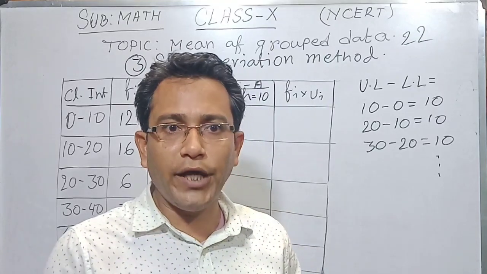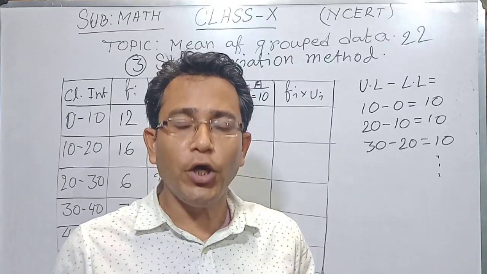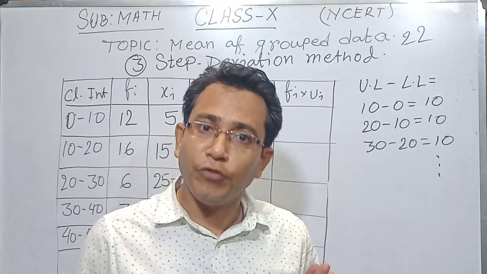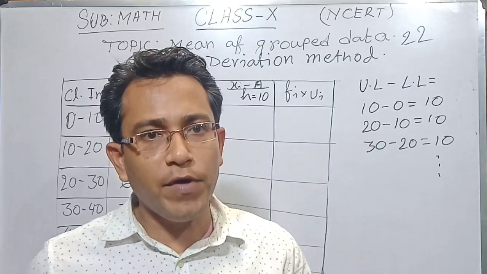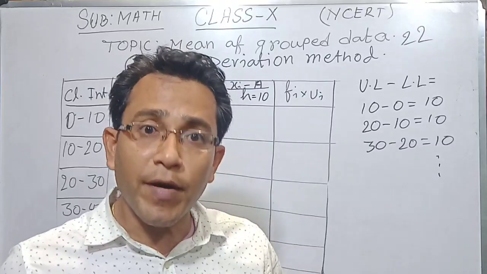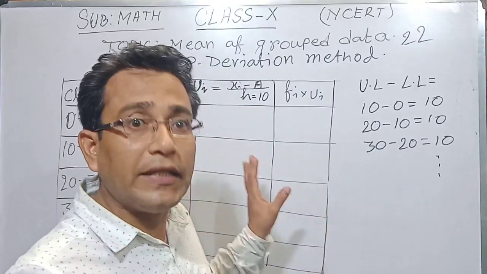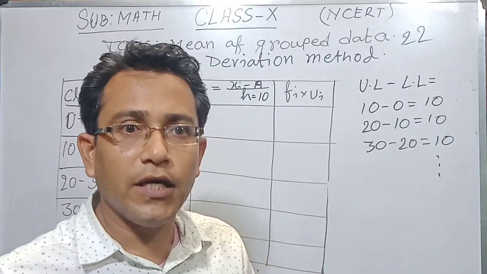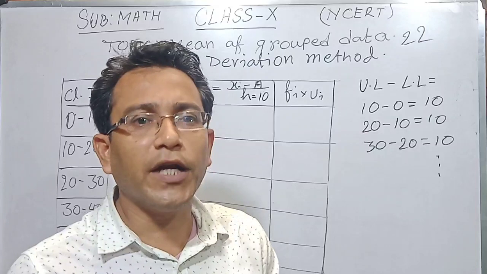You have to calculate the class size and look very carefully at what the class size of each class is. It may be 2, it may be 3, it may be 5, it may be 10, it may be 50, whatever it is. But you have to look at the class size of class intervals in different math.